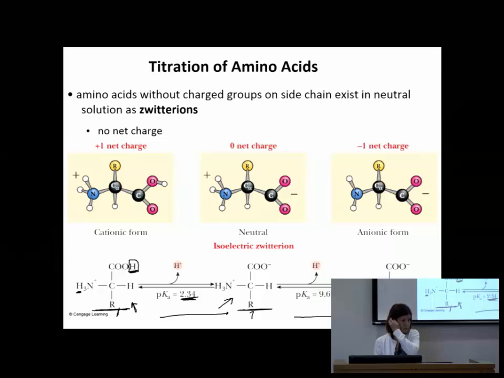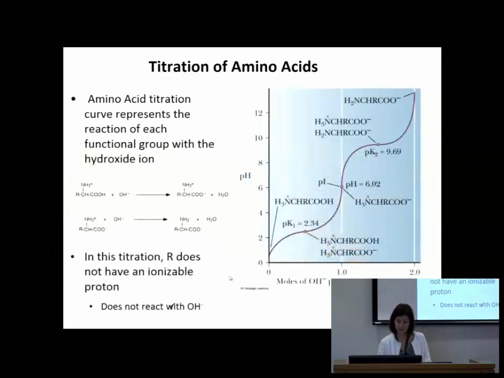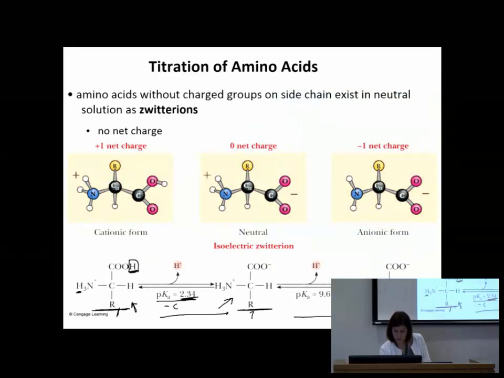Yes, COOH is the acid, and this pKa corresponds to the acid. This pKa corresponds to the amine group.